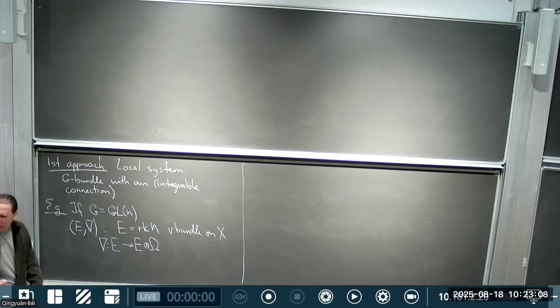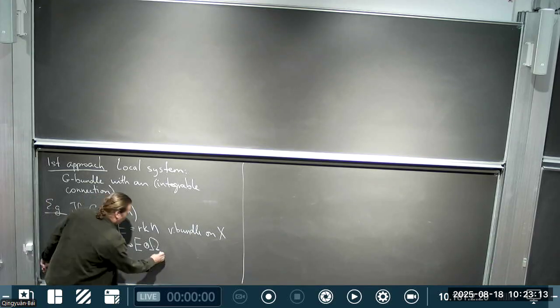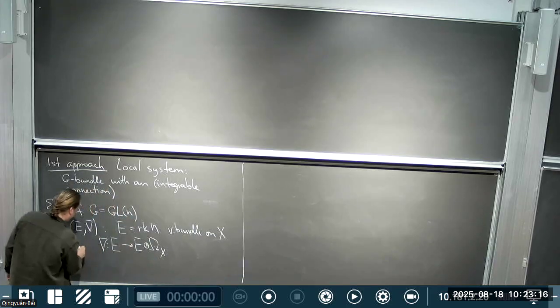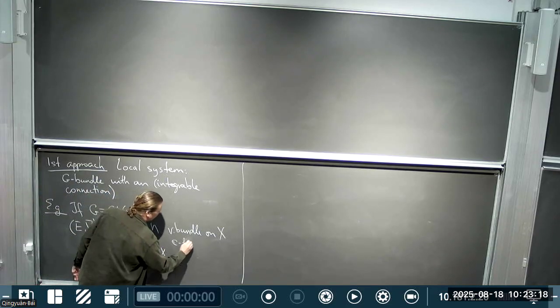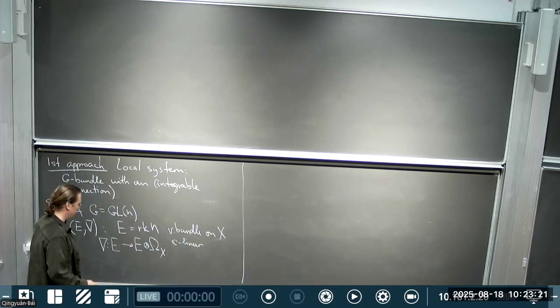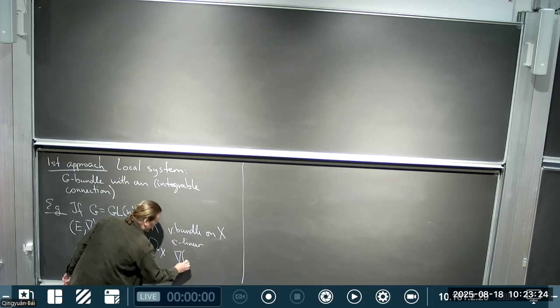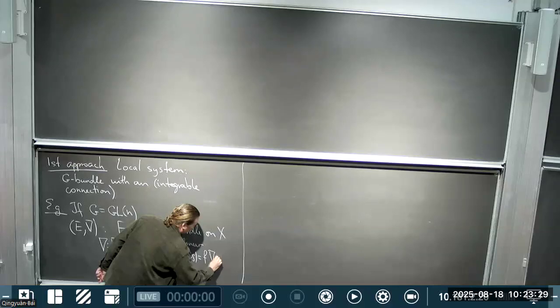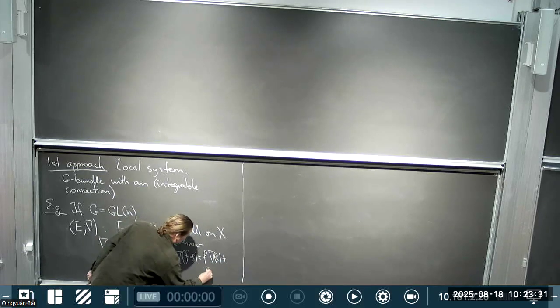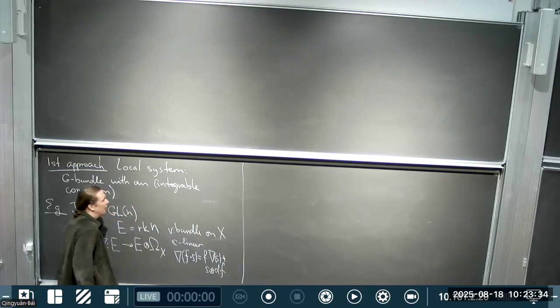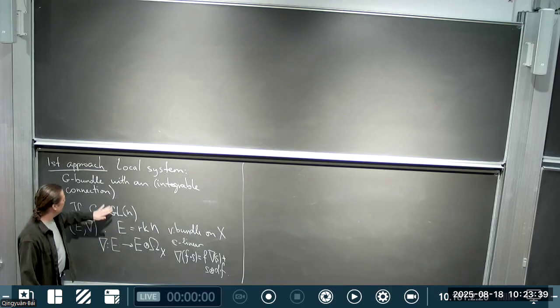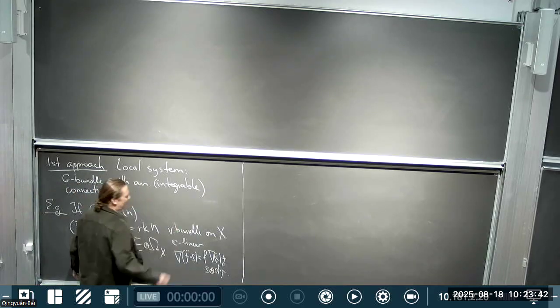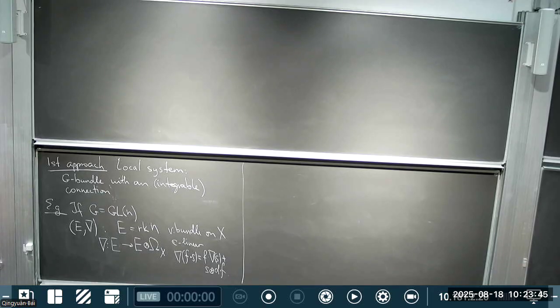I'm not really distinguishing between a vector bundle and the locally free sheaf of its sections. I hope nobody minds. So this is C-linear and it's satisfying the Leibniz rule: nabla(f s) is f nabla(s) plus s df.